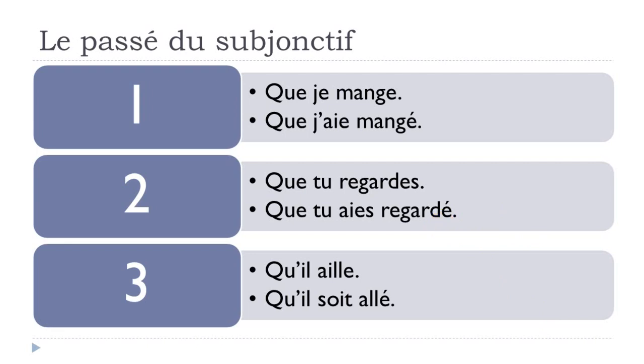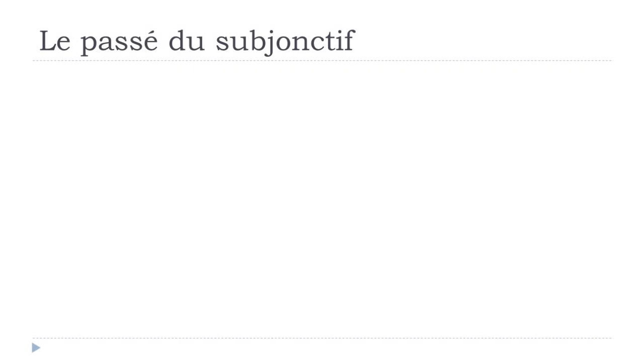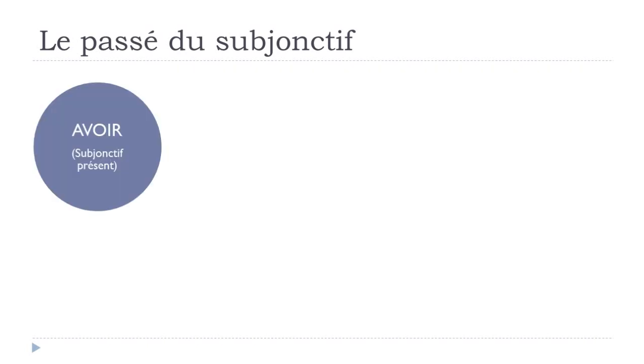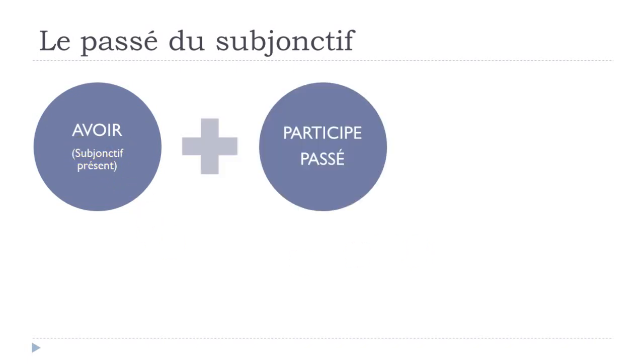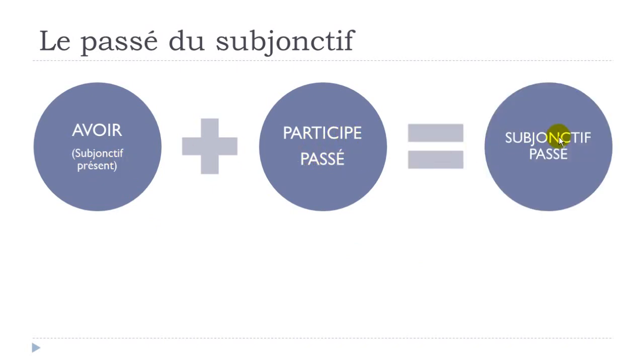Maybe here you can see that this passé du subjonctif will be constructed like all the composed tenses that we saw so far. First, avoir, and then it should be at the subjonctif présent form. Then you will put your participe passé, and you will get your subjonctif passé.